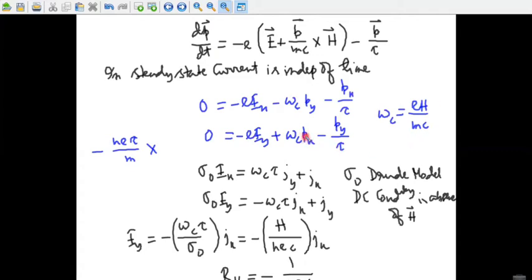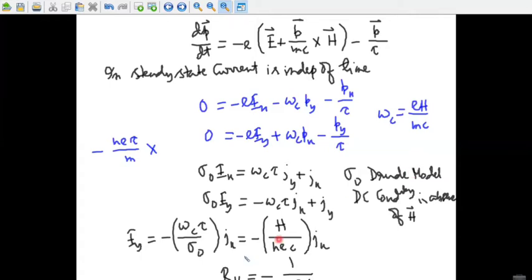Multiply both these equations by ne tau upon m and introduce the current density components to find sigma naught Ex equals omega c tau jy plus jx, and sigma naught Ey equals minus omega c tau jx plus jy, where sigma naught is simply the Drude model DC conductivity in the absence of the magnetic field.